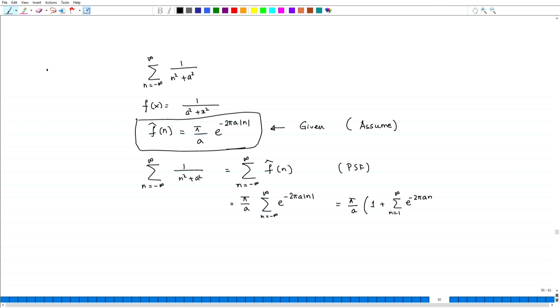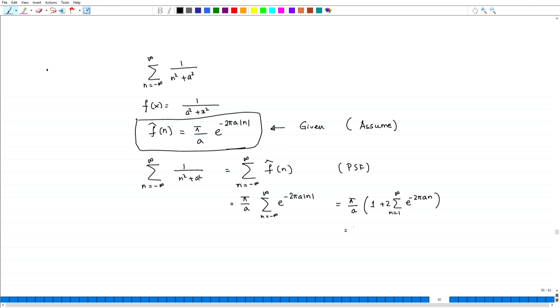Now, you change n going to minus n, then you will get n equal to 1 to infinity of e to the power minus 2 pi a n. So this will be twice of this. So then that is easy.